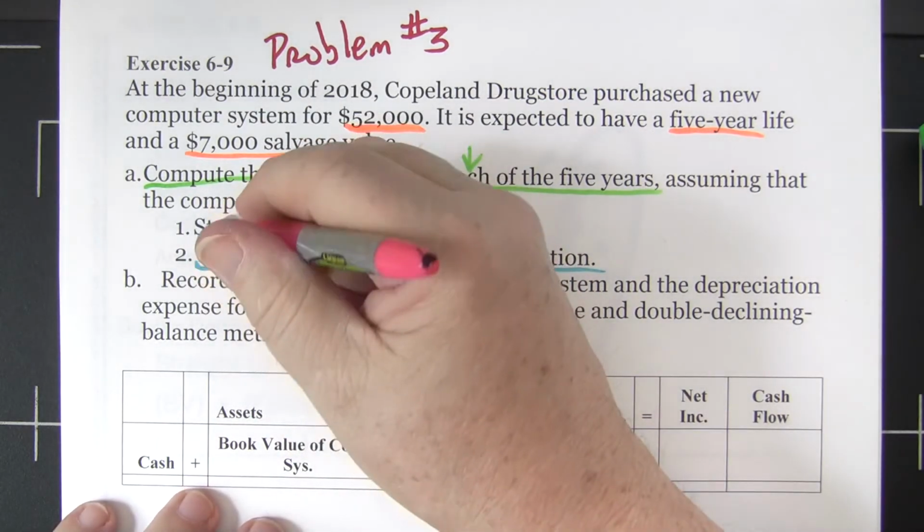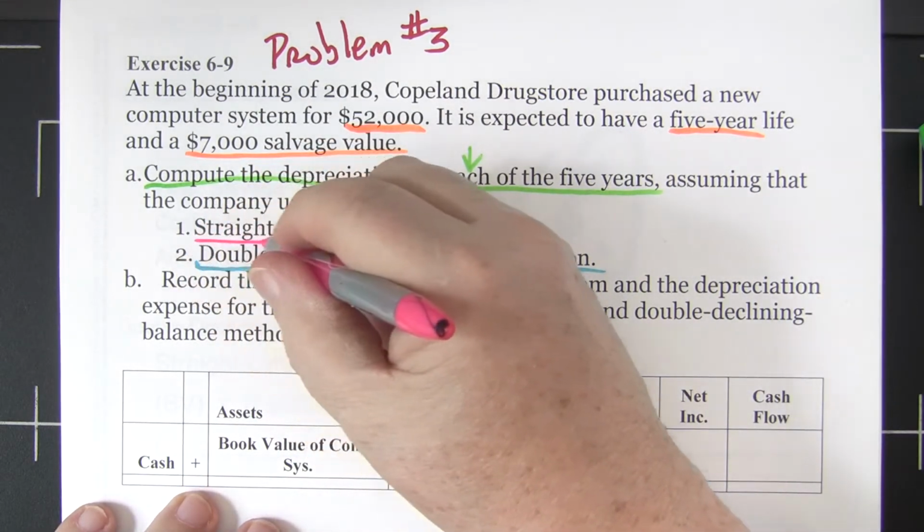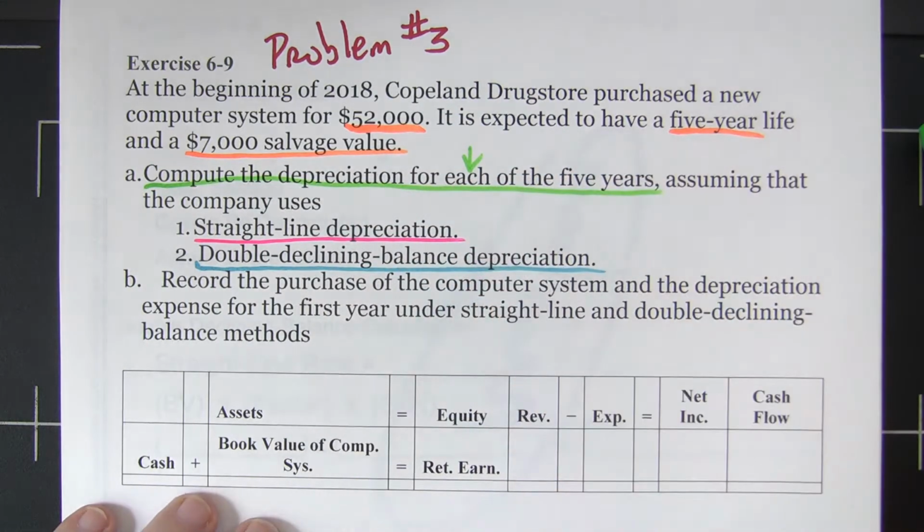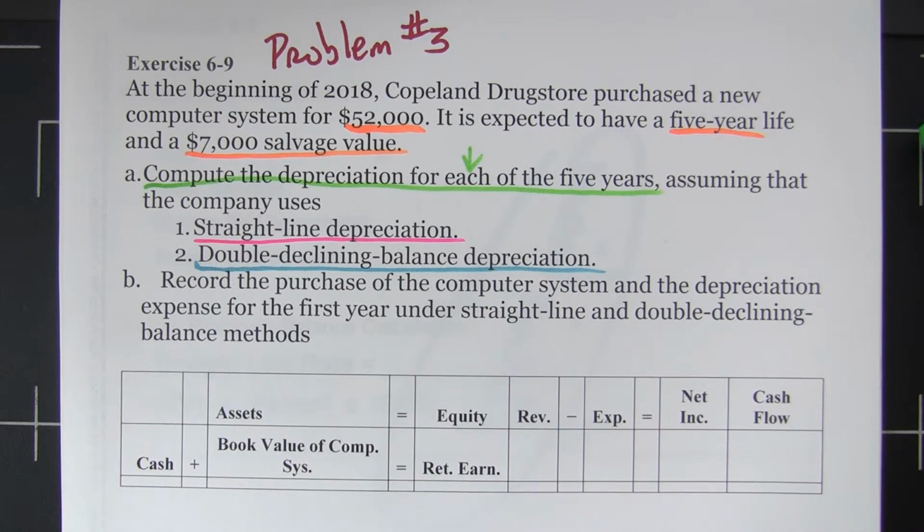And I know at first you're reading that and you're going, oh man, this is going to take 3 days and 2 nights. It really won't. I promise. Let's start with the straight line method because that's easier.